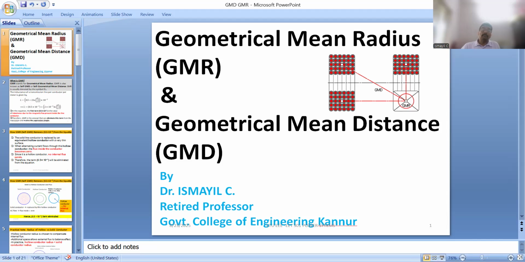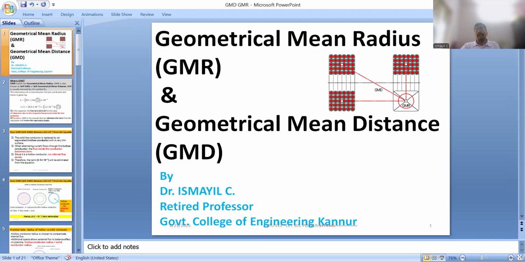Symmetrical means the phases R, Y and B are connected or placed at the corners of an equilateral triangle.